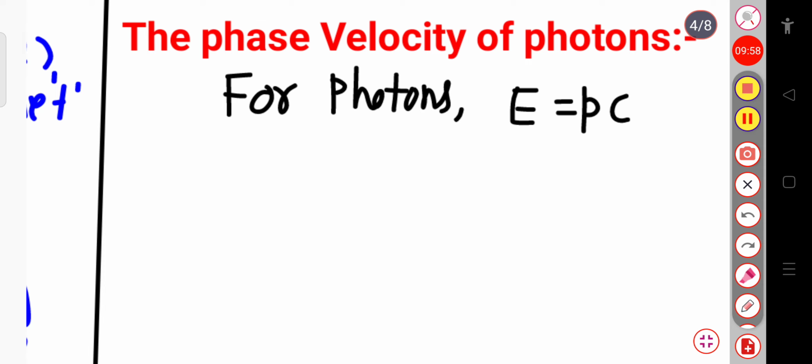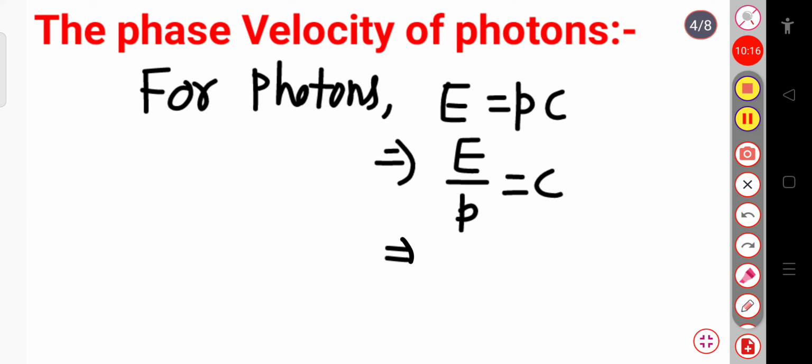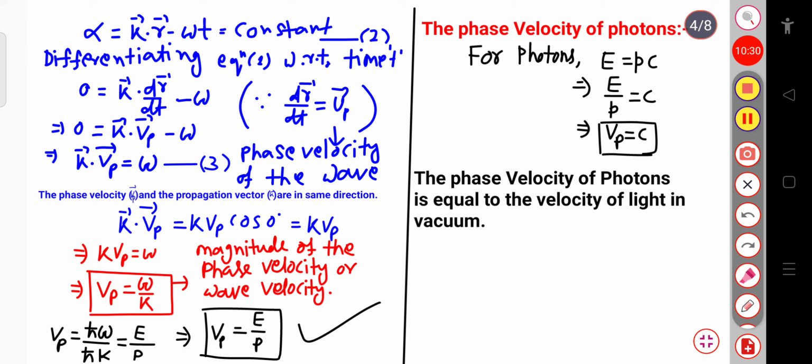So C will be equal to E by P. Here you can see that Vp equal to E by P. So in place of E by P, I can write Vp, so Vp equal to C. That is, the phase velocity will be equal to the light velocity. Hence the phase velocity of the photons is equal to the velocity of light in vacuum.